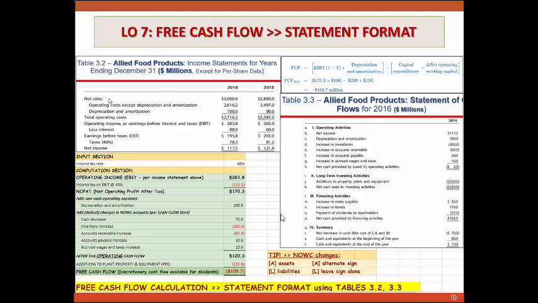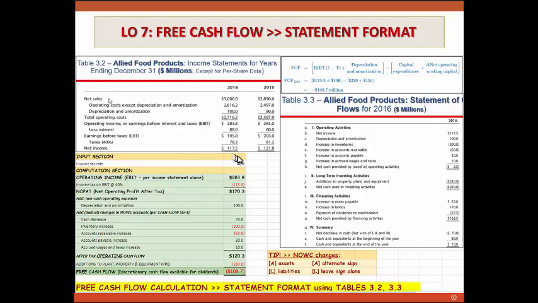That's important. Let me say that again. The purpose of free cash flow is to show the after-tax cash flow that's available for shareholders for their dividend payments.